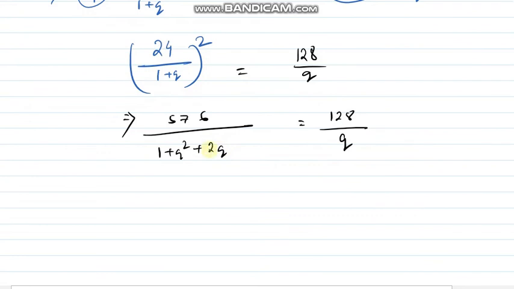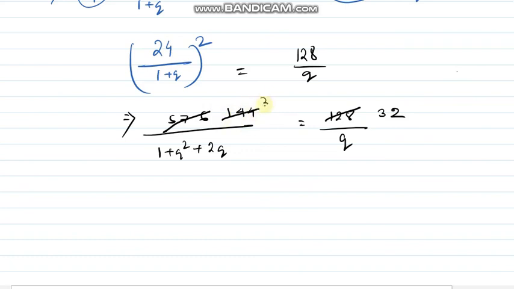If I simplify this, first I cancel with 4: it will be 32 and 144.